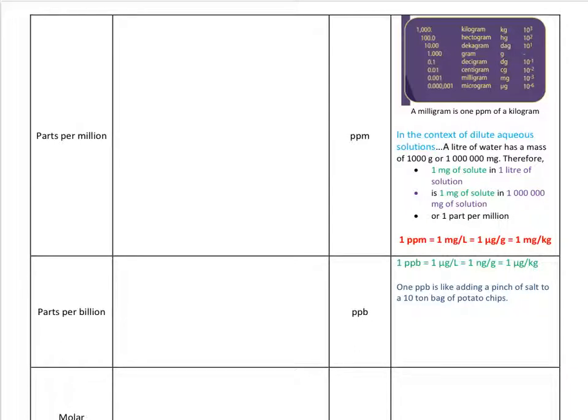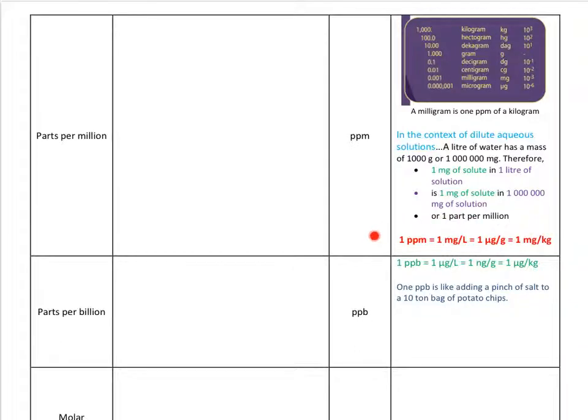In the context of dilute aqueous solutions, a liter of water has a mass of 1,000 grams, or 1,000,000 milligrams, as I mentioned. And so if you have 1 milligram of solute in 1 liter of solution, that is 1 part per million. If you have 1 milligram of solute in 1,000,000 milligrams of solution, that is 1 part per million.